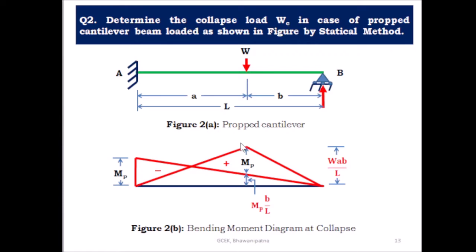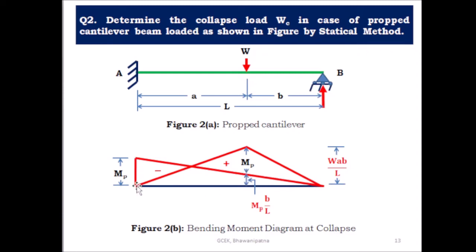So this is equal to WAB by L. The maximum moment will be at the loading point, equal to WAB by L, and here this portion is the plastic moment MP. But we have to find out this height by considering one triangle and another triangle.